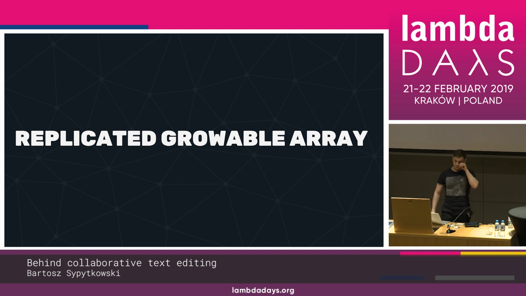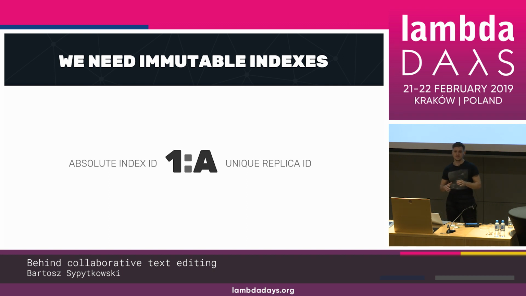The basic concept it introduces is that we had a problem with inserting elements, because the indexes describing the positions of letters in our document were changing over time as we were adding new characters. So what if we could make them immutable? What if we could create a logical index that describes position absolutely? I mean, once we assign a character its own position in the document, it stays there forever.